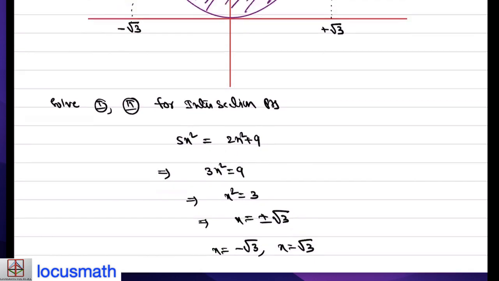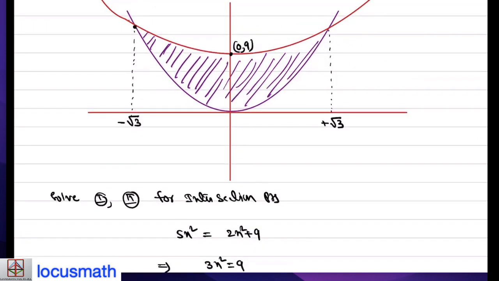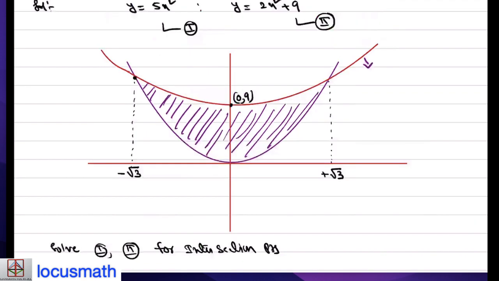our required area is equal to, so here this first graph is y equals 2x square plus 9, and this one is y equals 5x square graph.